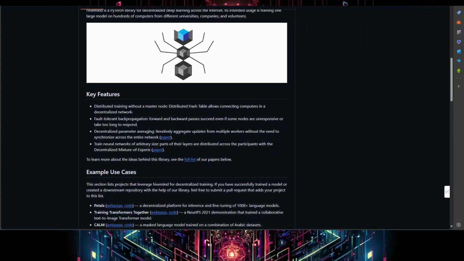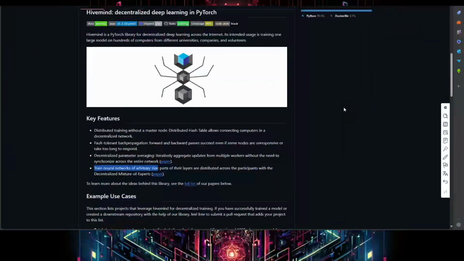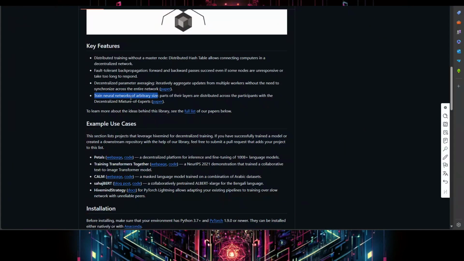So where are we at? We've got about 15 minutes left. We have trained neural networks of arbitrary size. So it looks like in theory Hivemind can tolerate training, being a PyTorch extension. If you look up, I think it's Flower. Yes.